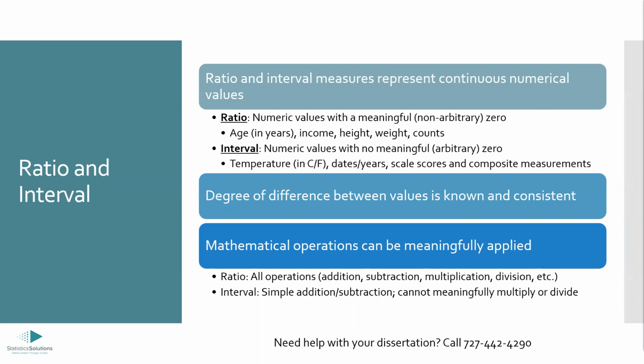Similarly, we can't say that 30 degrees is half as hot as 60 degrees. It doesn't really make sense for us to apply those mathematical operations or transformations. So that's what we mean in terms of the mathematical operations that can be applied to these data.